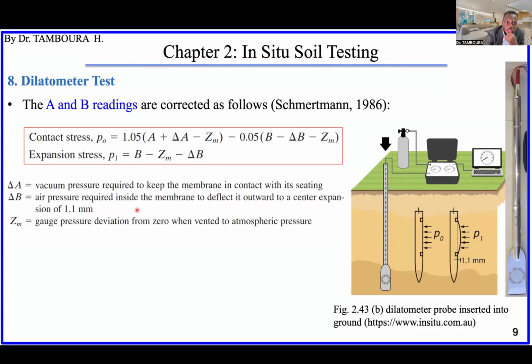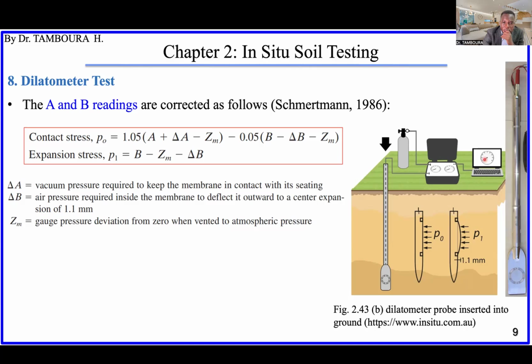The pressure required inside the membrane. And Zm here, and it is here also. This is gauge pressure deviation from zero when vented to atmospheric pressure. Okay, the gauge pressure here.